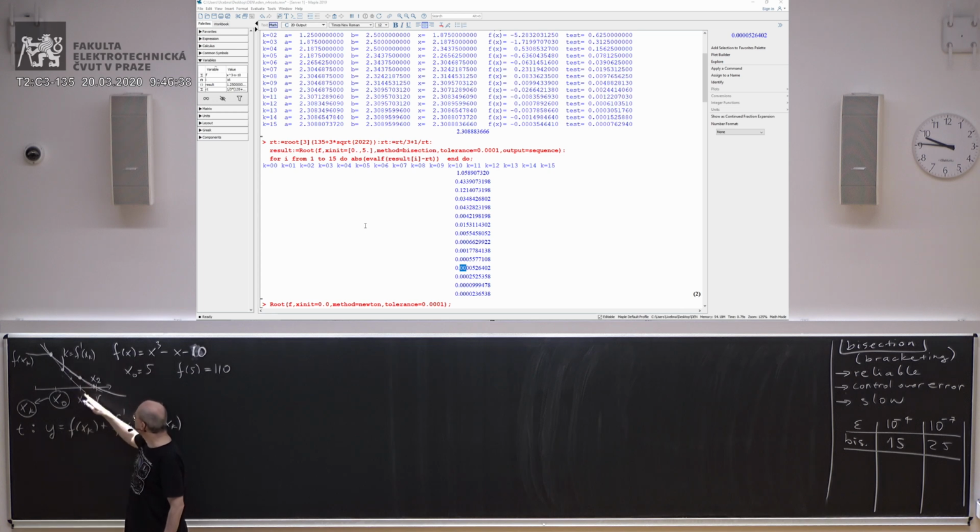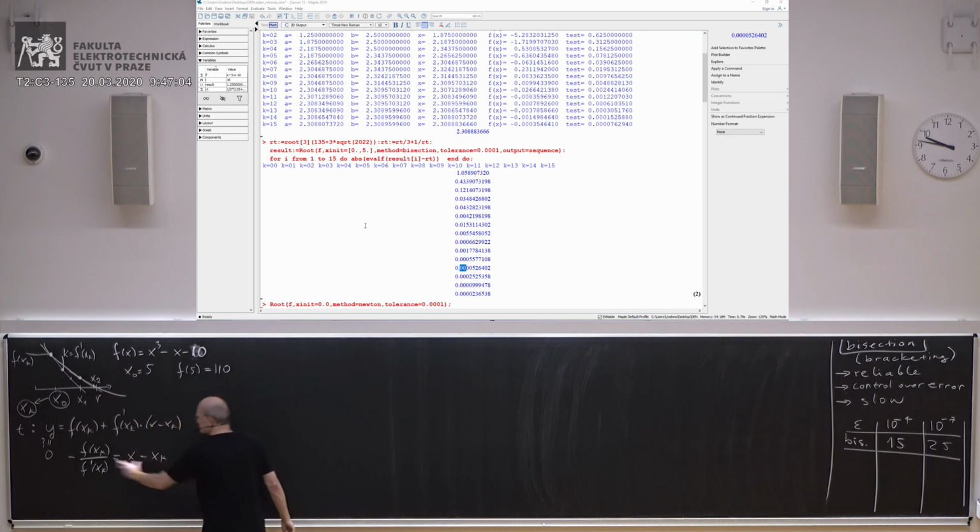And I'm looking for the intersection with the x-axis, which means I'm putting y equal to 0. So I'm going to rearrange it somehow and solve it for x. So I will move f(xk) to the left-hand side, and then I divide by the derivative. So minus f(xk) over f prime of xk is equal to x minus xk.